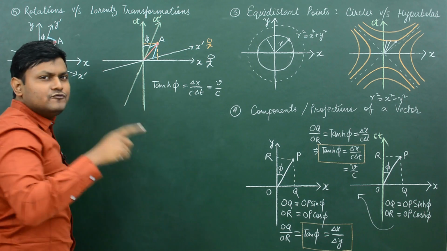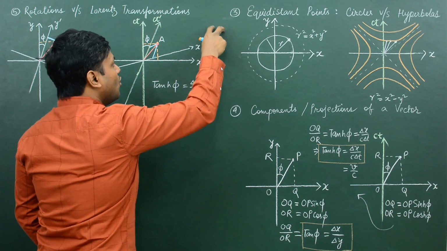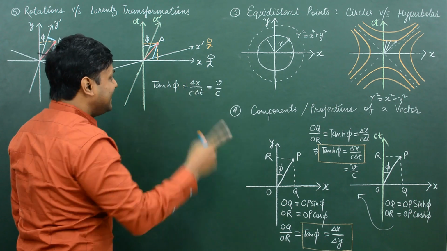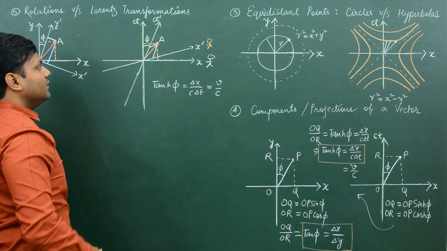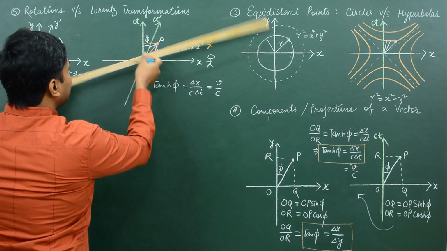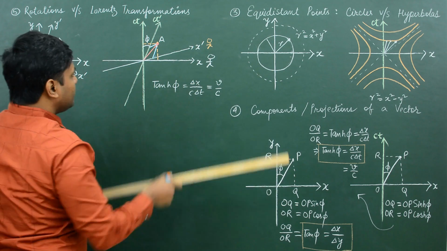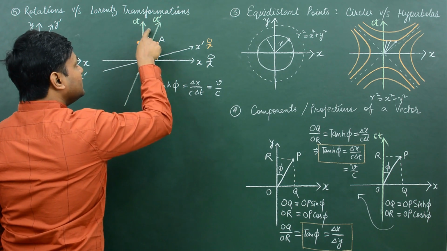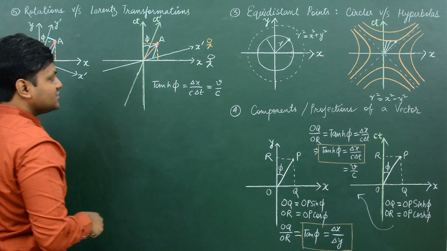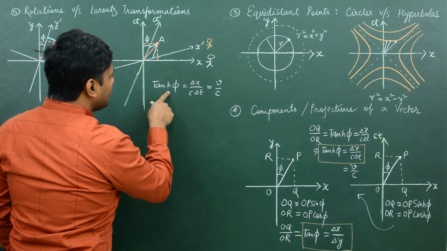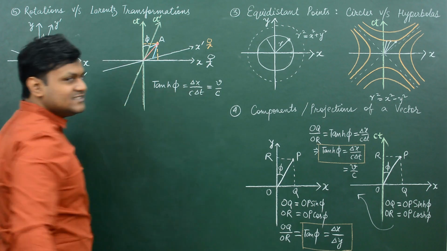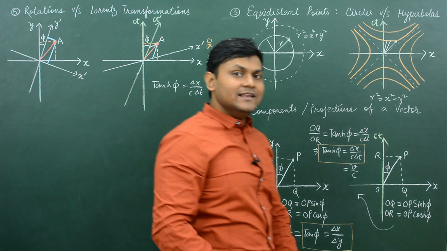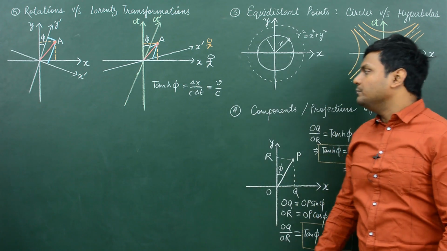So if we have two observers, one at rest, one in relative motion with velocity v compared to the first observer, then in the space-time diagram, the first observer will have x and ct axes, and the second observer will have x dash and ct dash axes, such that the angle subtended by the ct dash axis on the ct axis has a tanh function given by v upon c. That is how they are related to one another diagrammatically in a space-time diagram.